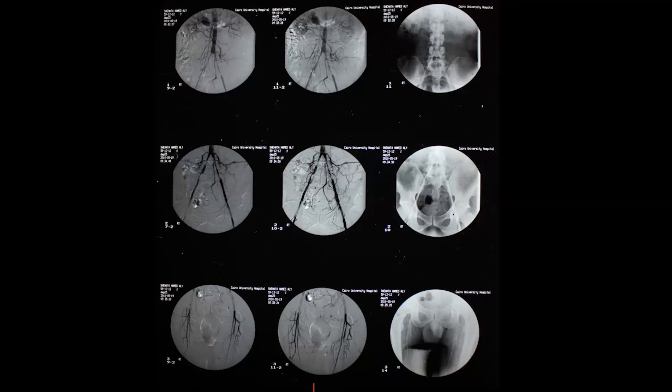Then I follow its course and see the transverse process. Okay, and then? If it's horizontal, then it's a cervical rib. If it's pointed upward, then it's a thoracic rib. Absolutely. This is the way you diagnose a cervical rib.